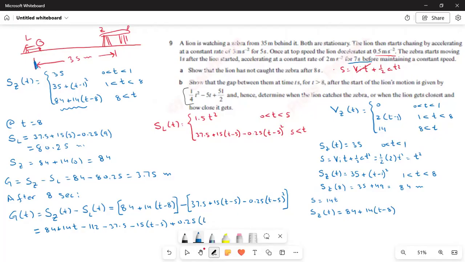Now I open the square, that is t squared minus 10t plus 25. Am I right?